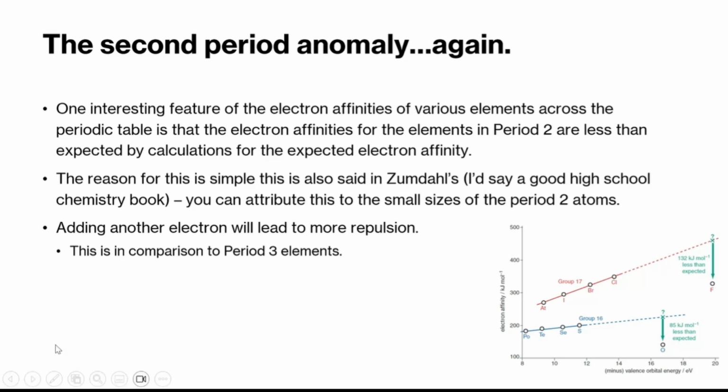In addition, adding another electron will lead to more repulsion, in comparison to period 3 elements. So, overall, small sizes of second period atomic orbitals lead to that drop or unexpected electron affinity.